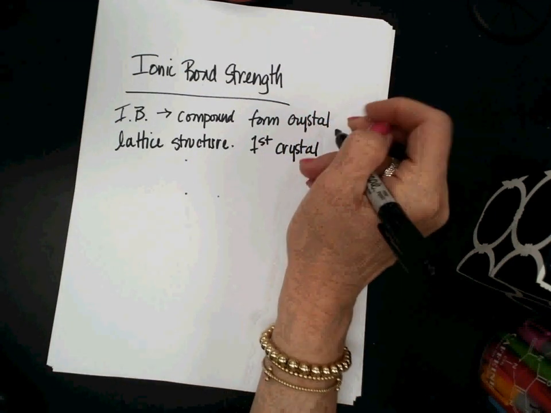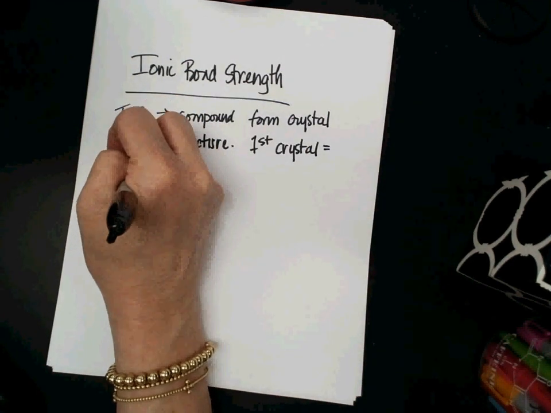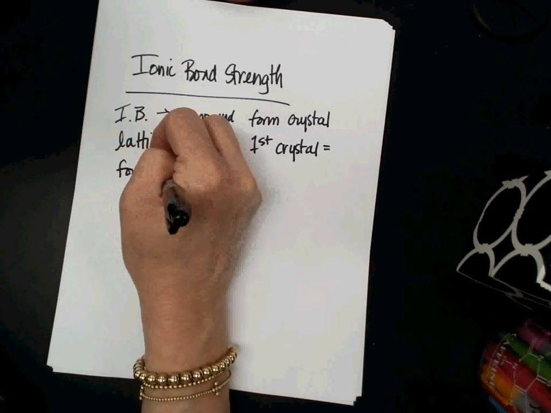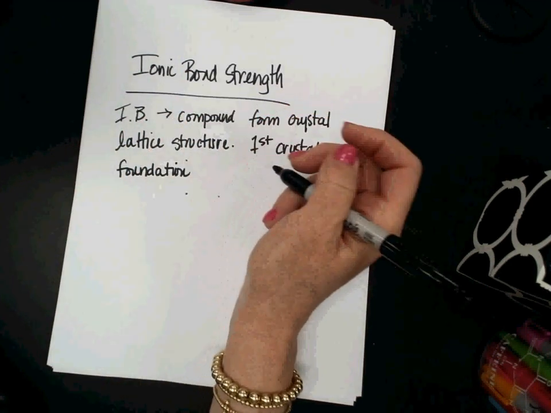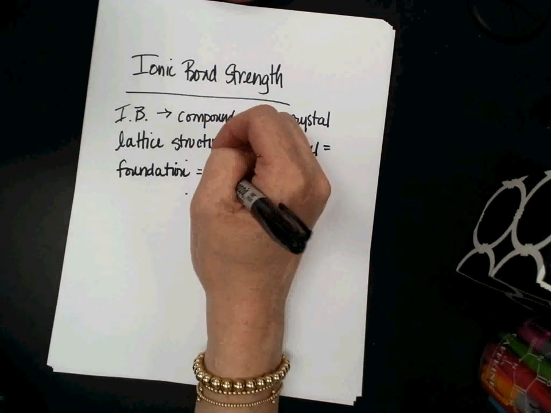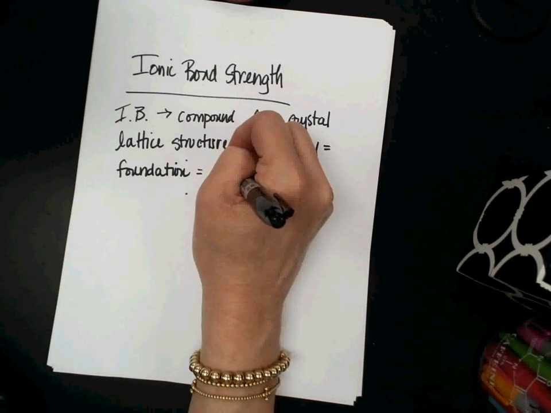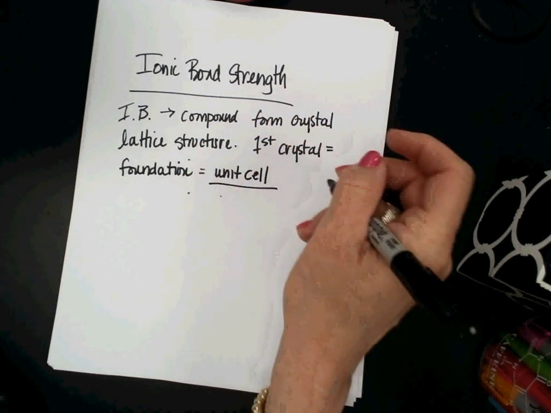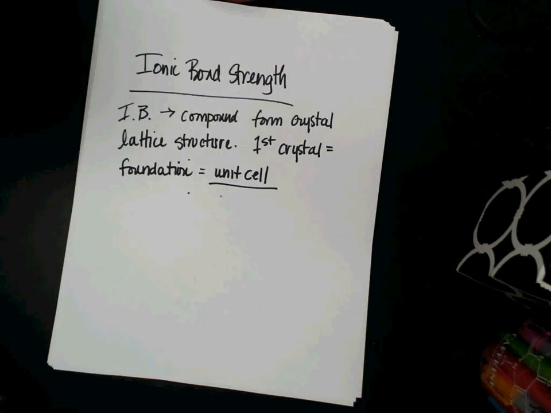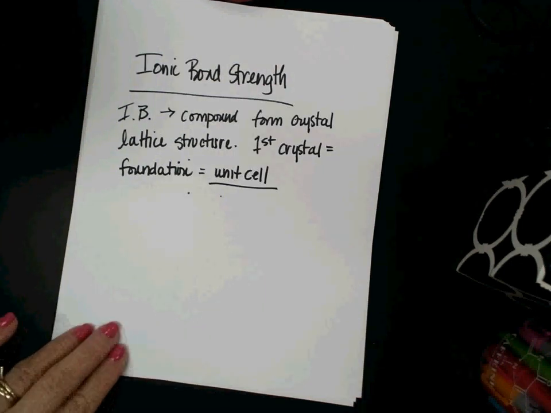The first crystal, which is the foundation of the whole structure, or the building block, however you want to think about it, is called the unit cell. We have that earlier in your notes, but just in case we need it.